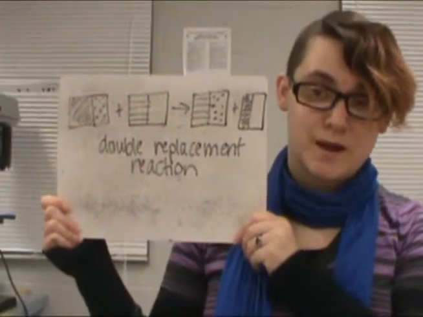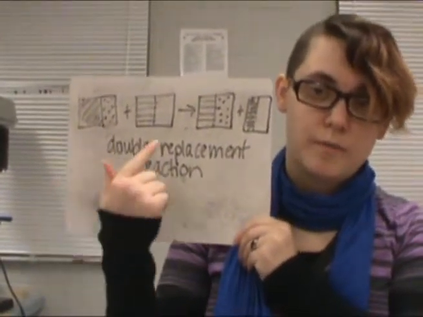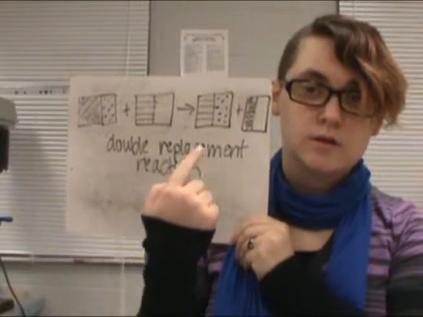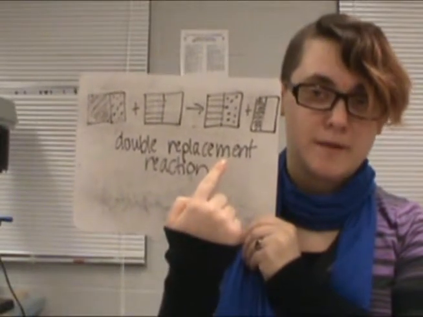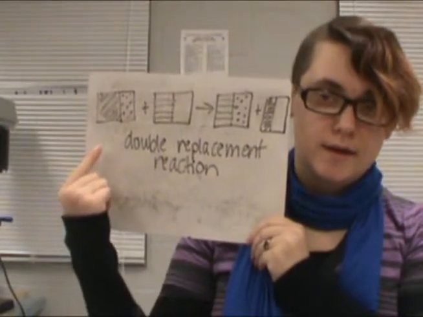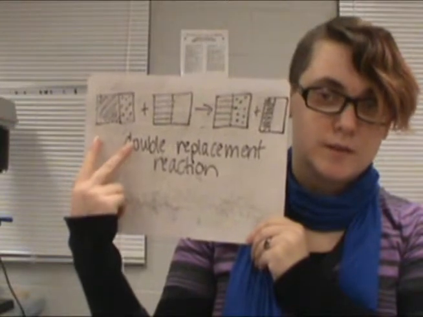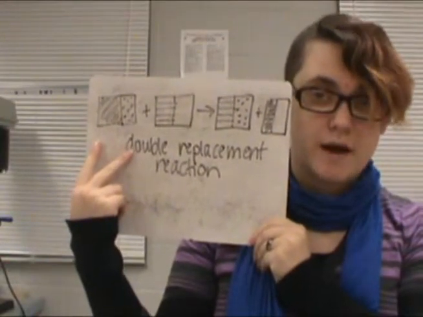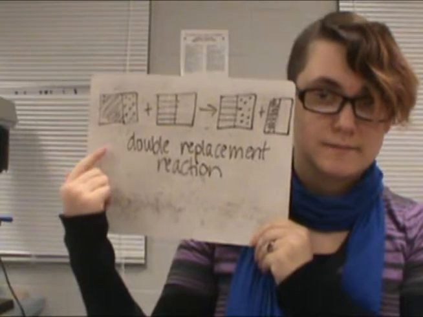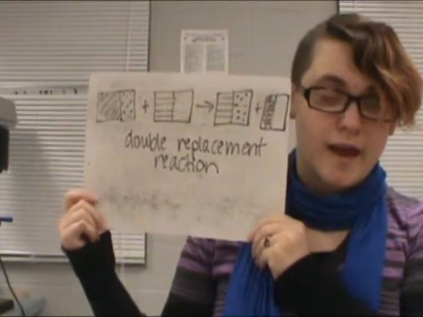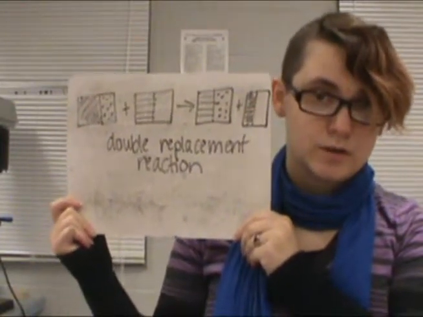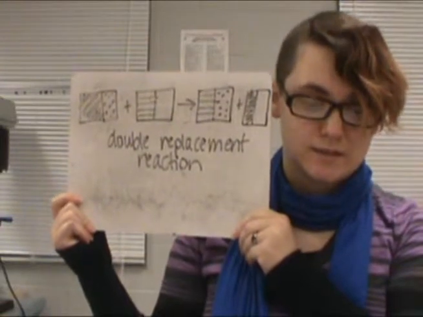In a double replacement reaction, you'll start with 2 compounds and yield 2 compounds. But what happens is the first elements or polyatomic ions in these compounds switch places. Again, anytime you have a replacement reaction, you're looking for things to switch places.